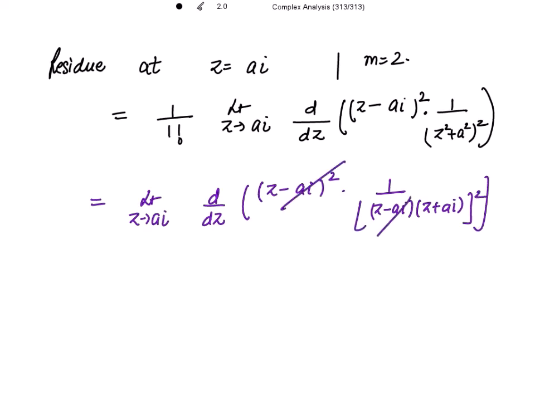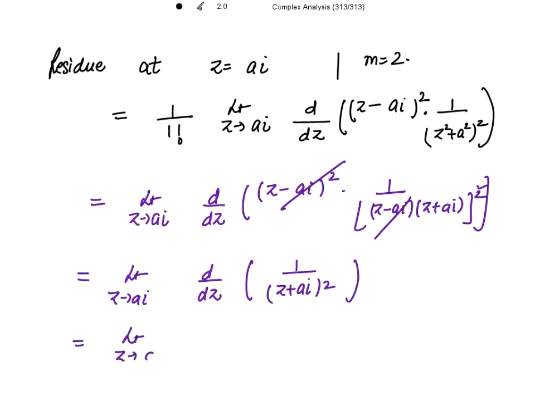So these two cancelled out with the square, and this is limit z tending to a iota d by dz of 1 divided by (z plus a iota) whole square, right? So now derivating this with respect to z. So this is minus 2 divided by (z plus a iota) the power 3 into the derivative of z, that is 1.